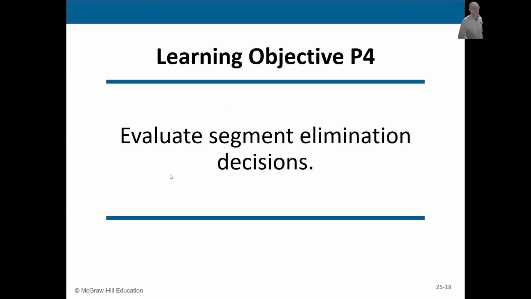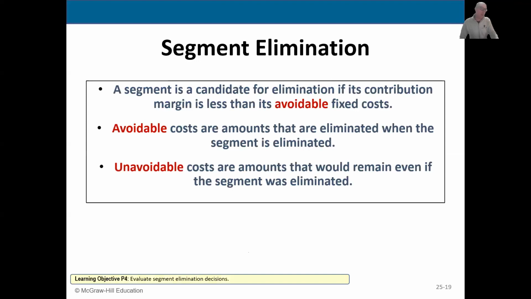Okay, another decision that sometimes comes up is the elimination of a segment. A segment could be a department within a business, or it could be an entire product line within a business. We call it a segment. So management looks at the performance of all of our different segments, departments, or products.